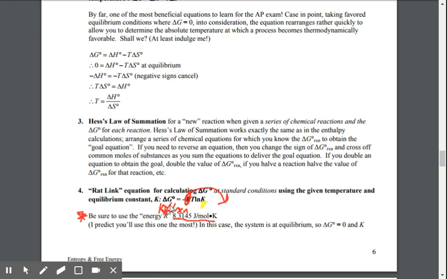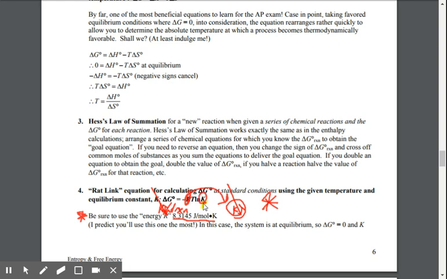And notice how delta G is in kilojoules. So you are going to have to physically convert this R to kilojoules as well in order to make sure our units can cross out. Again, always use and plug in these units in this equation so they will physically cross out.